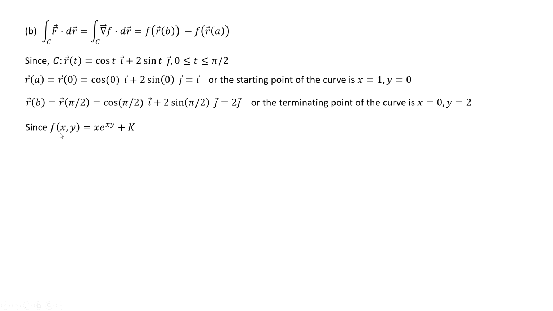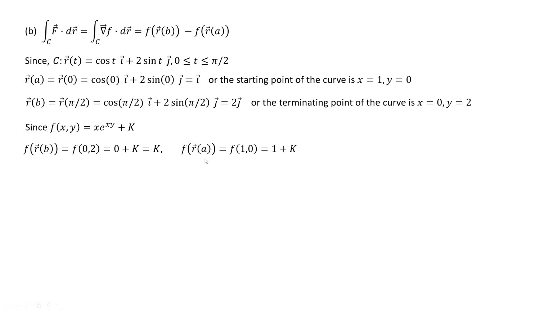So f of r of b is f of 0, 2, which means plug 0 for x and 2 for y. 0 times e to the 0, e to the 0 is 1, 0 times 1 is 0, that's why I have 0, plus k. So f of r of b is just k.